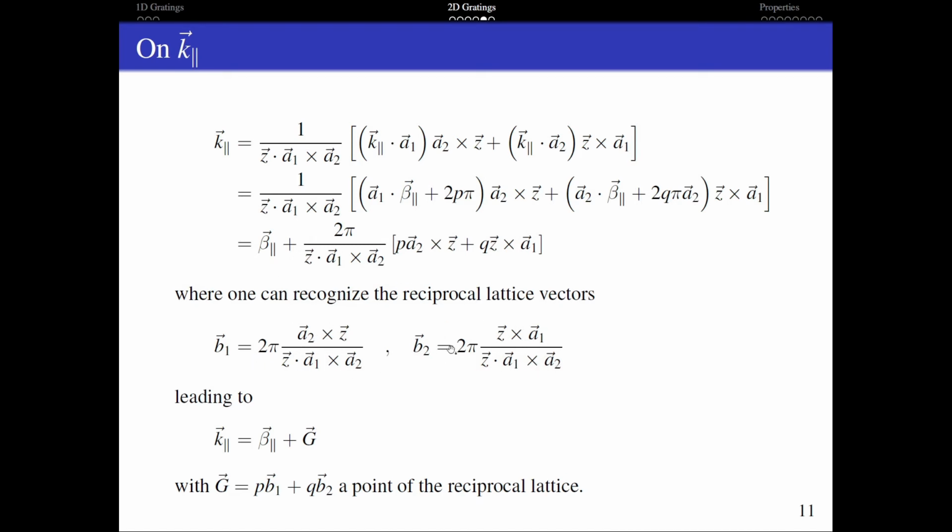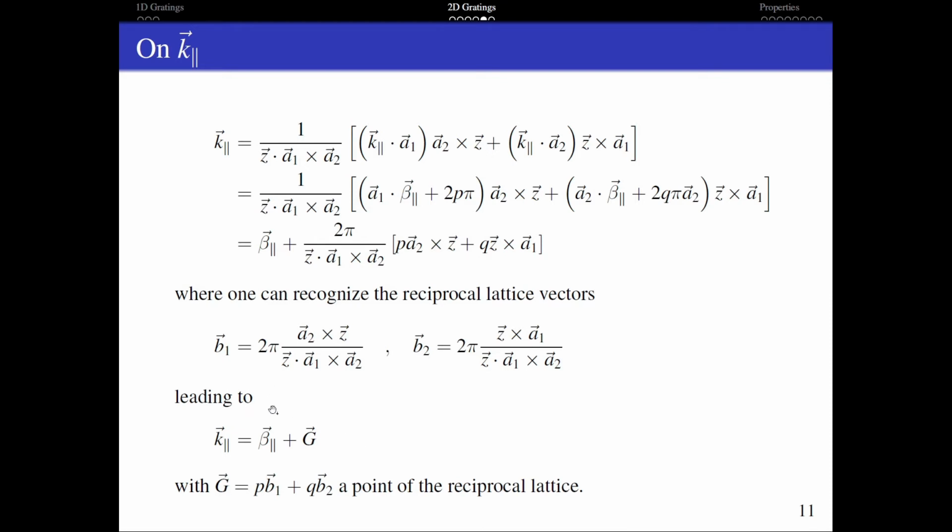And when you combine everything, you get the Bragg formula for the 2D grating, which is in this case written in vector form, with G being a vector of the reciprocal lattice of the grating, and G is just P B1 plus Q B2, and P and Q are integers, which can have a positive or negative value.